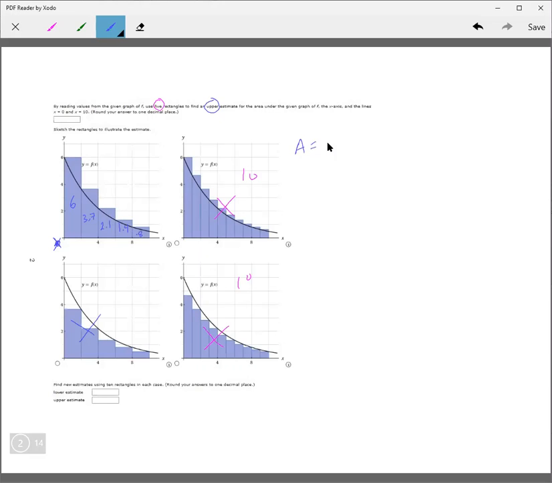So the area is, again, the length is 2, and the heights are 6, 3.7, 2.1, 1.4, and 0.8, and that comes out to about 28. So 28 would be the answer right here.